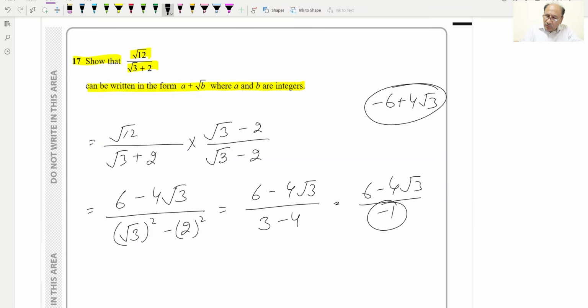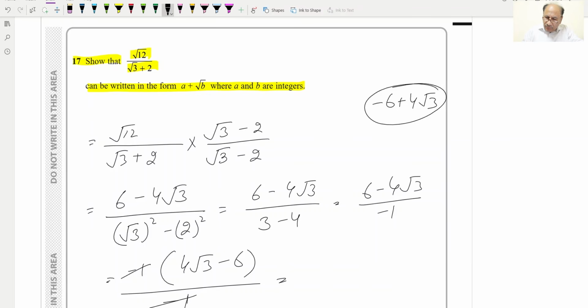We take minus 1 common from the top, so it will be 4 root 3 minus 6 over minus 1, and minus 1 and minus 1 cancel, and we get 4 root 3 minus 6. This is the same answer as we got.